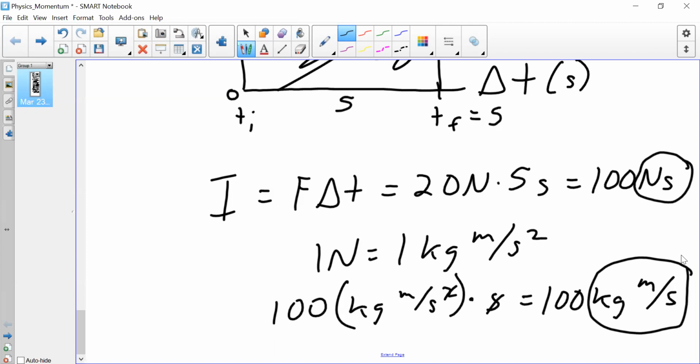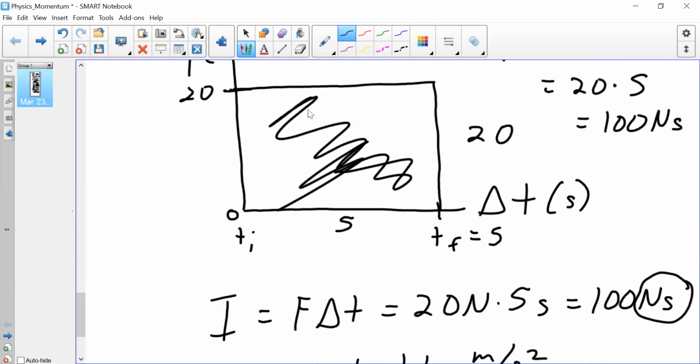And so we won't be dealing with the graph that we see on page 214. Technically, that is what's happening in nature, that the force is actually going to change in a small window of time. But since that window of time is generally very small, we're going to approximate the force to be an average constant value.